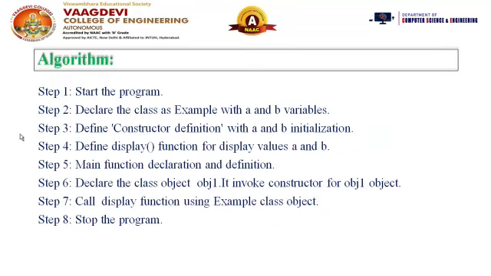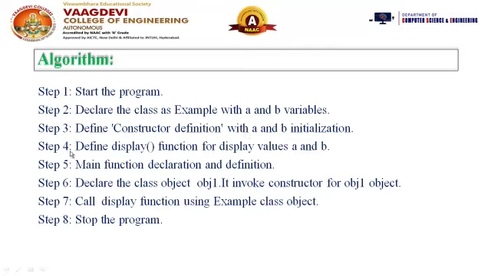Algorithm for default constructor. In this algorithm, we will be discussing several steps involved in executing a program on default constructor. The first two steps are to create the class and declare variables A and B. In the next step, we define the constructor definition to initialize values to the variables.